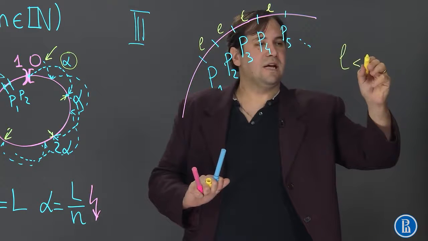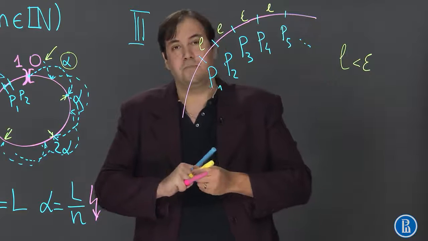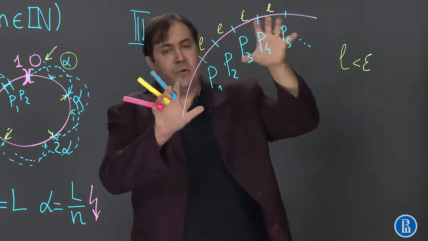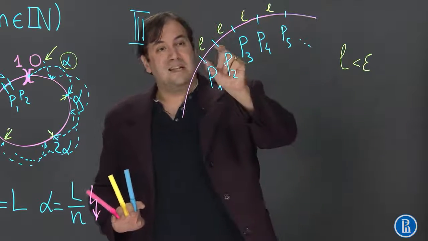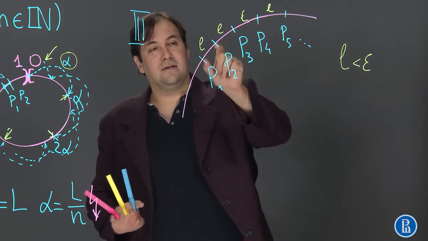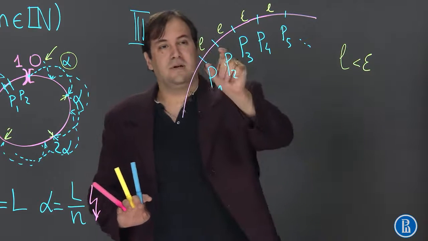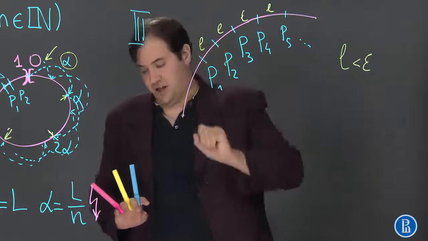And if we choose L to be smaller than epsilon, then our circle will be filled with marked points, where the density of these points will be such that the neighbor points are at distance less than epsilon to each other.